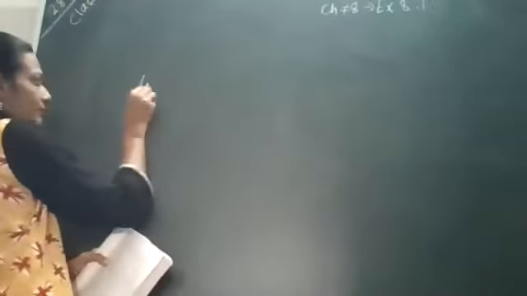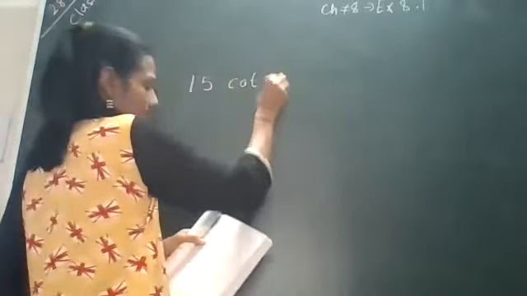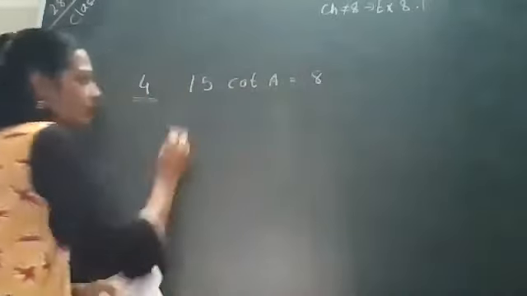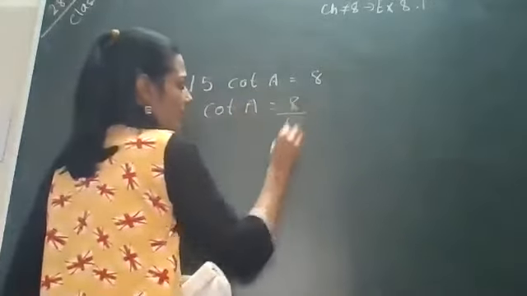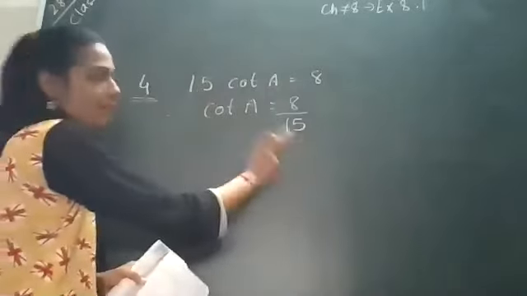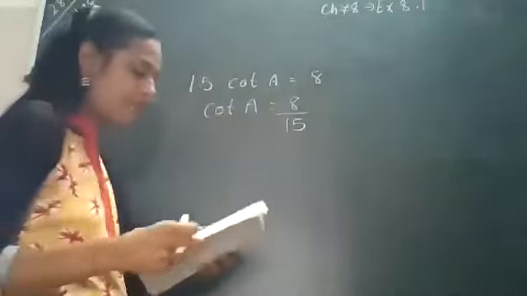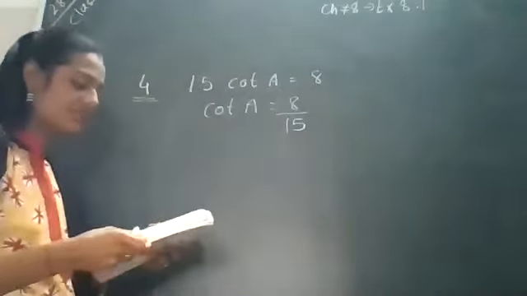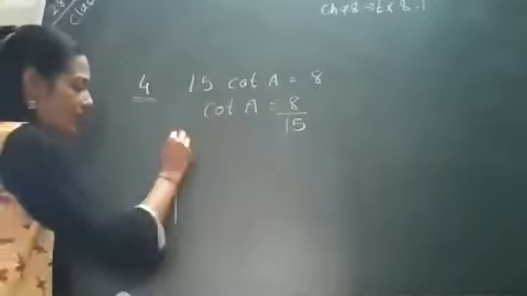Given is that 15 cot A is equal to 8. So we can write that cot A is equal to 8 upon 15. This 15 will go to the denominator. And we have to find the value of sine A and sec A. So first we have to draw the figure.